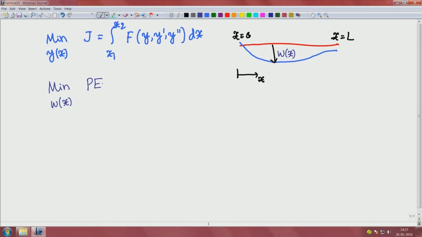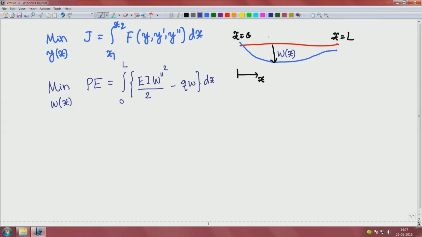So, here we have potential energy PE, which is defined as an integral from 0 to L, and the integrand we had written as EI w double prime squared by 2 minus q w dx.